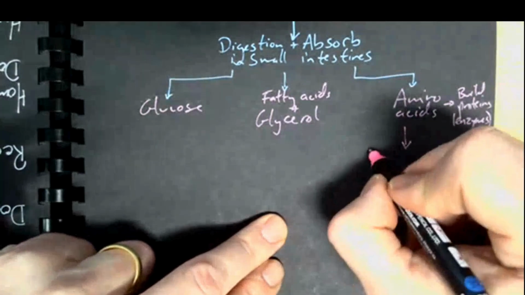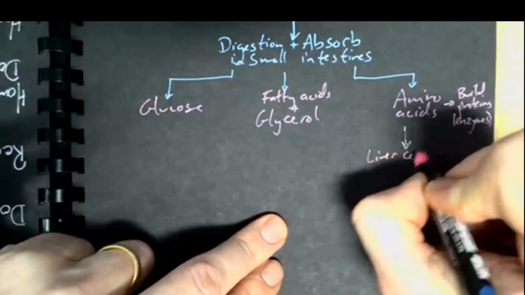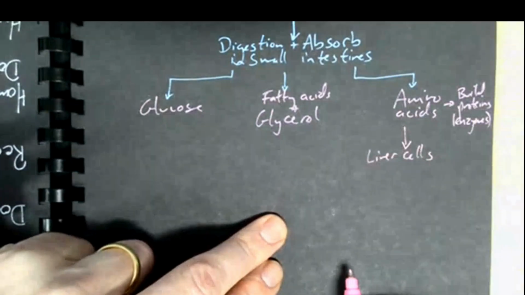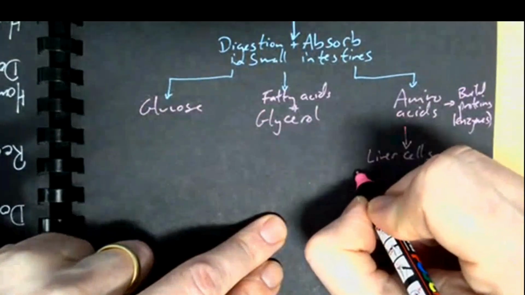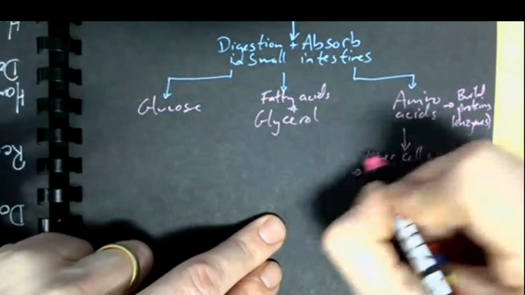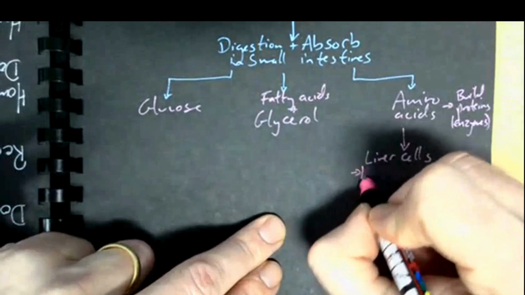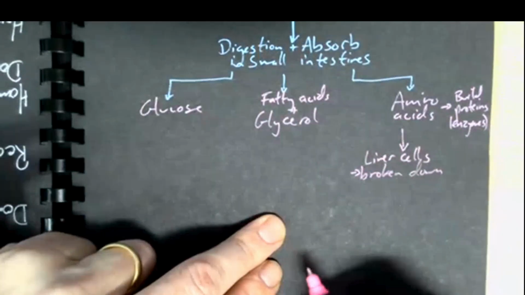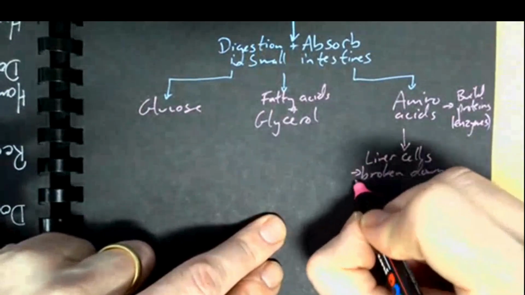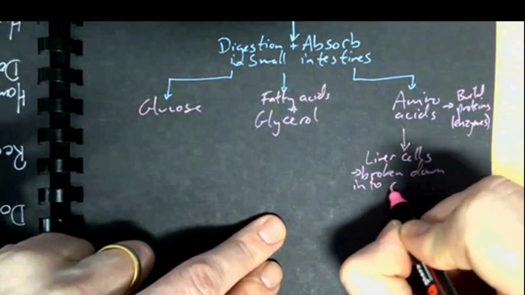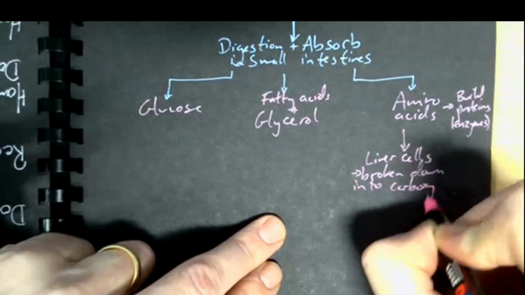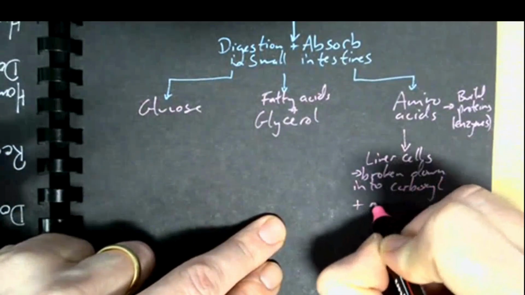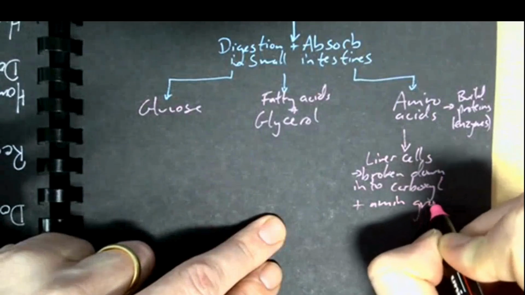So what happens is it heads to the liver cells and it's broken down. Excess amino acids, so if you've had too many, are broken down into what we call carboxyl and amino groups.